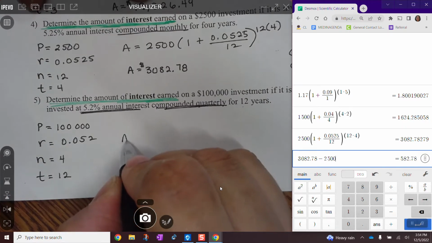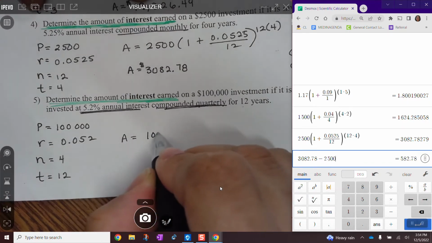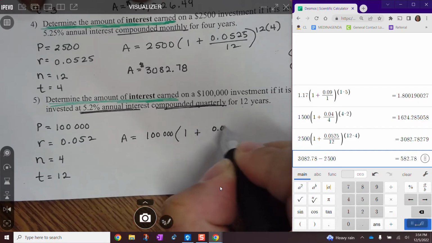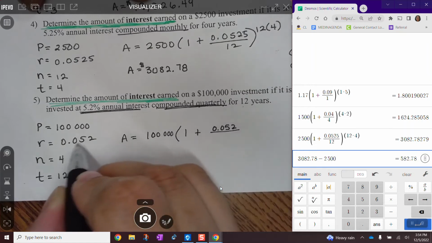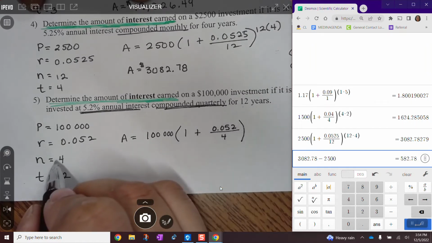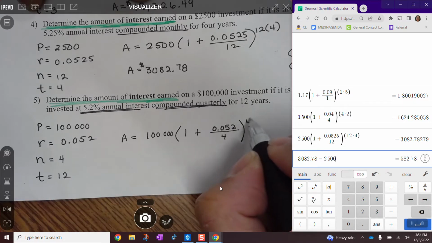Right, and then you put it in the formula: (0.052) divided by 4, the compounding, raised to the compounding times time, so 4 times 12.